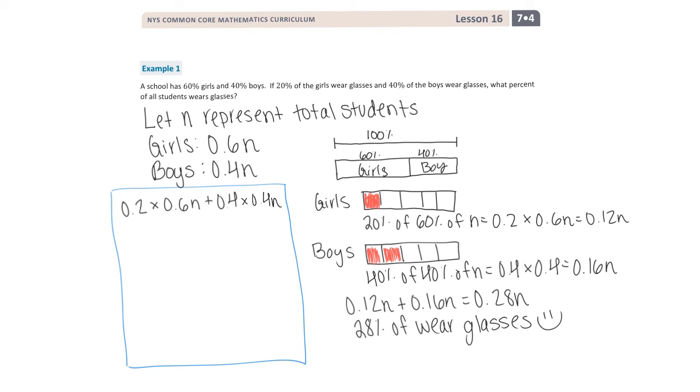Now, we are going to take 0.2 times 0.6 N, and that's going to give us 0.12 N, plus 0.4 times 0.4 N, which is going to give us 0.16 N. And then when we add those together, we get 0.28 N. And again, we know that that equals 28% of students wear glasses.